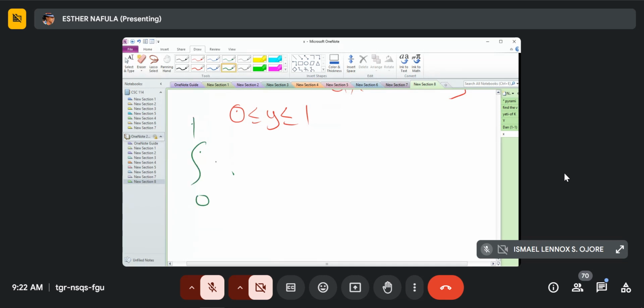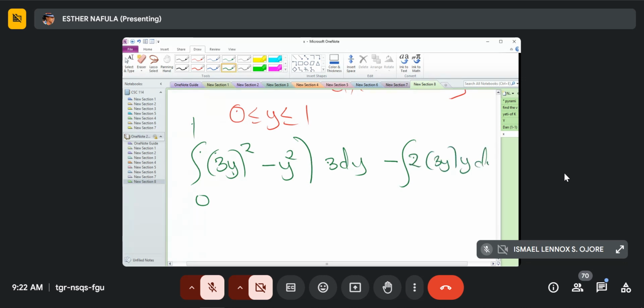We had x squared minus y squared. In place of x, we substitute 3y, so 3y squared minus y squared. We had a dx here, but dx is the same as 3 dy.